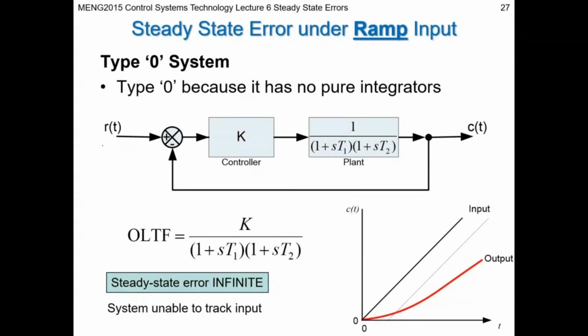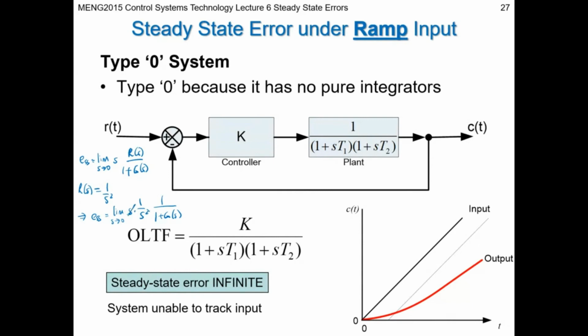Why? Well, the steady state error is, remember, the limit of s going to 0 of s times R(s) over 1 plus G(s). But what's happened now, as we said, R(s) is a ramp input, 1 upon s squared. So that implies ESS equals the limit of s going to 0 of s times 1 upon s squared times 1 upon 1 plus G(s).